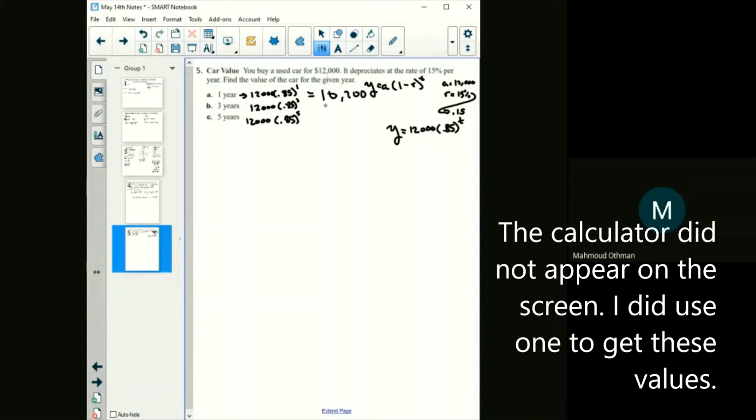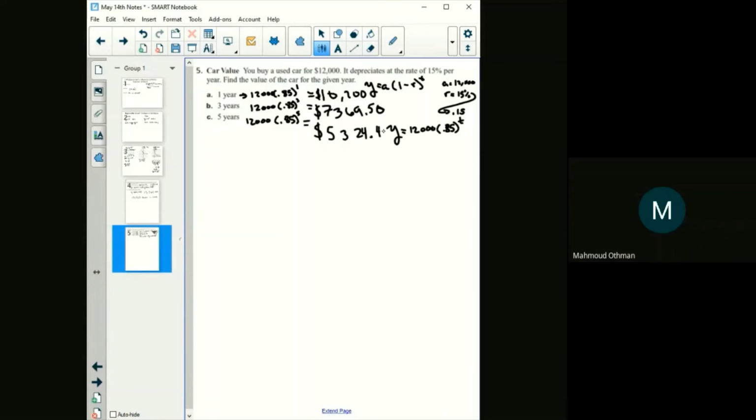The second one, I get $7,369.50. And for the third one, I get $5,324.46.